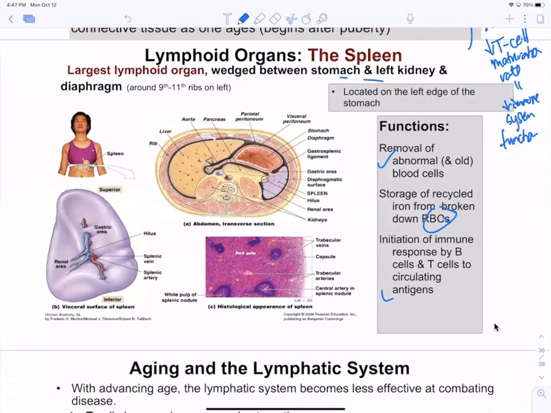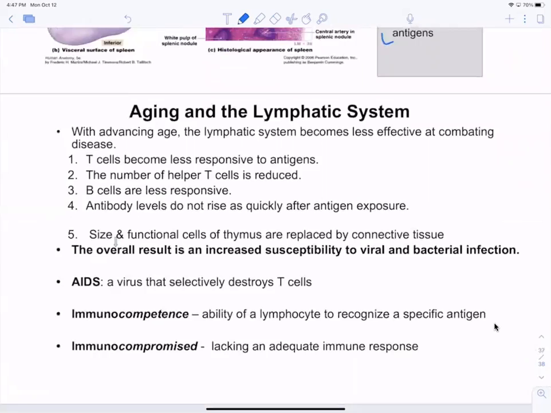You can live without your spleen, but you are slightly more immunocompromised. Also, when you have mononucleosis, it's not uncommon for the spleen to get enlarged because it's mounting a response against the Epstein-Barr virus, which is what causes mononucleosis, and so that's kind of a complication.